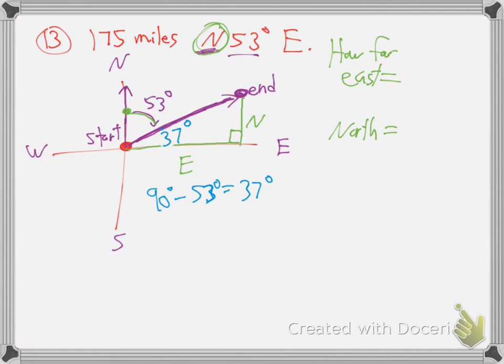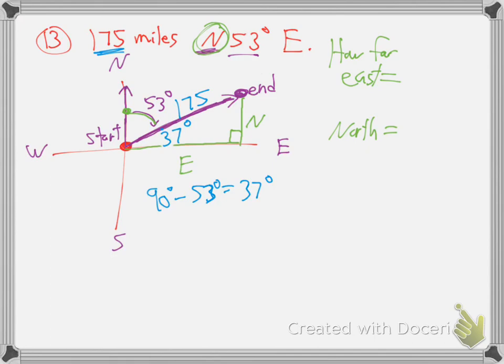And so then we take that angle and we do our little trig stuff, right? Wait, do we know any? Oh, 175. This is 175. I should put that down. That's how far we went northeast. Right, our purple line there is 175 miles, is what they're saying.